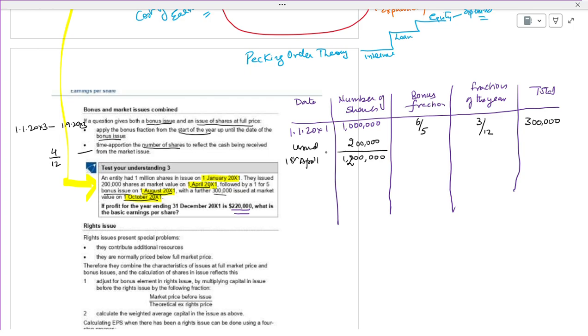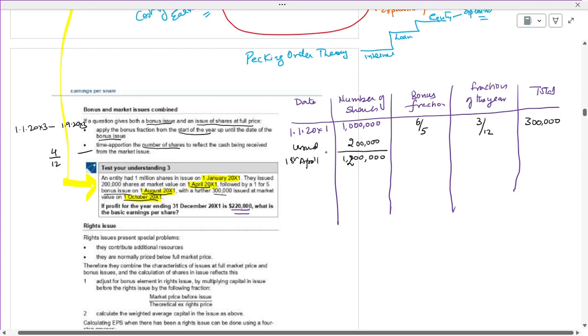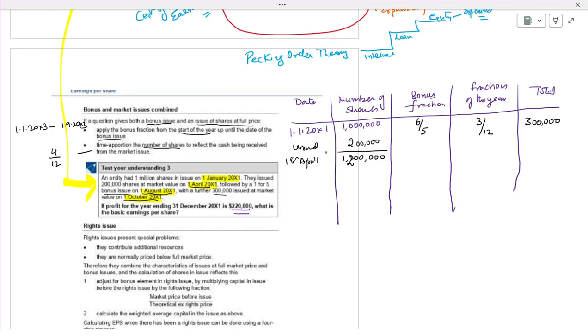Now again, what do they say? They issued on 1st April, followed by a 1 for 5 bonus issue.